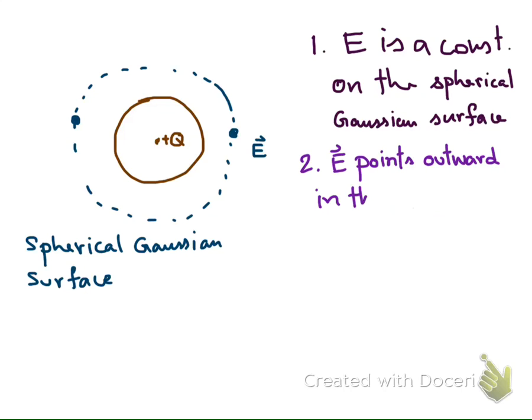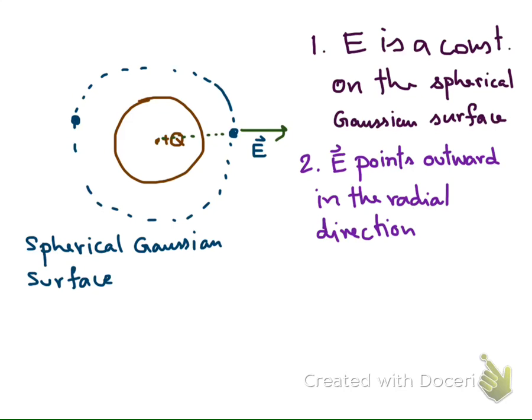In this case, Q is a positive charge, so we can expect that this is the direction of E, which points outward in the radial direction.